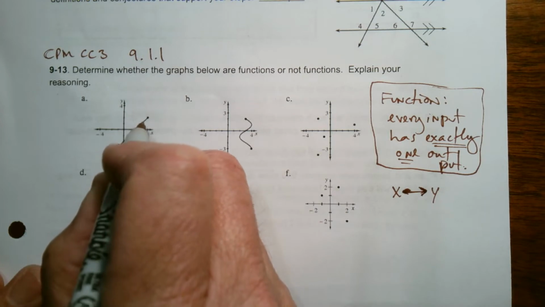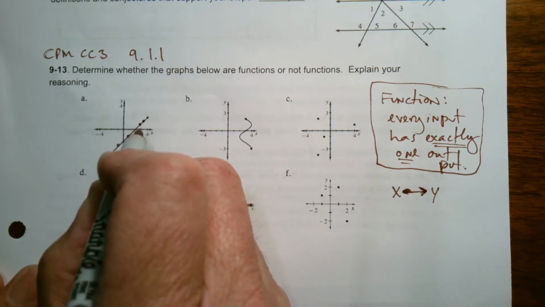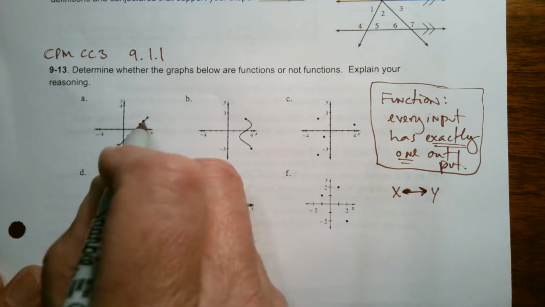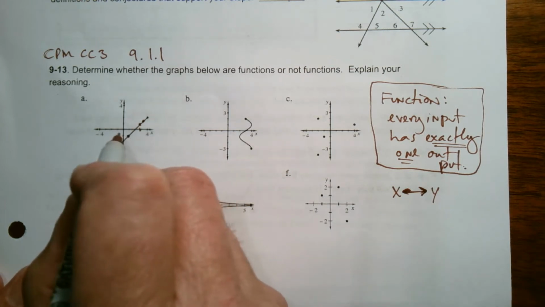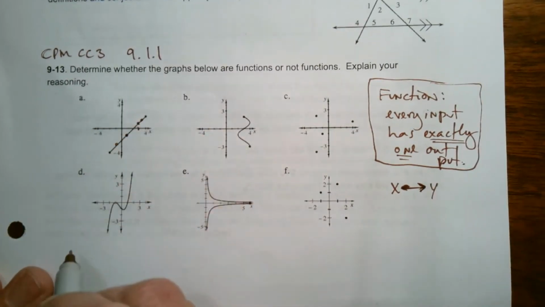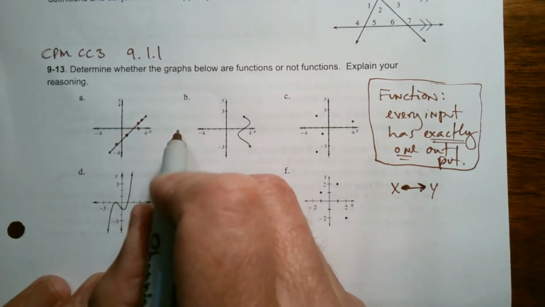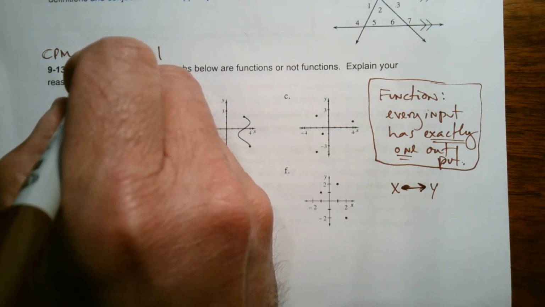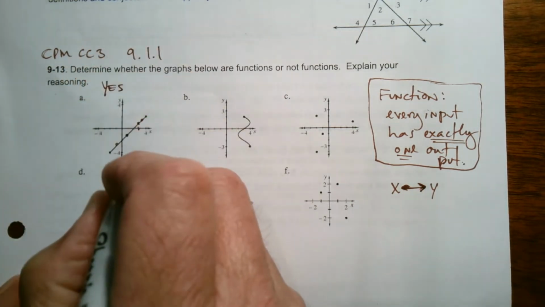These are all unique points. Wherever this x is, if that x is 3, it has a y of 1, or if x here being 1 has a y of 2, or whatever those values are. So this is a function.